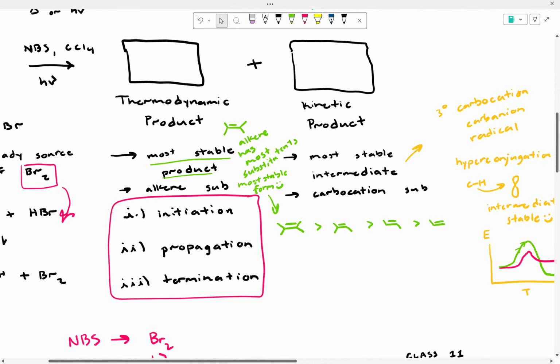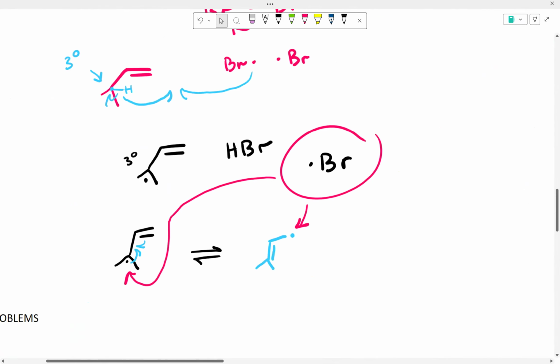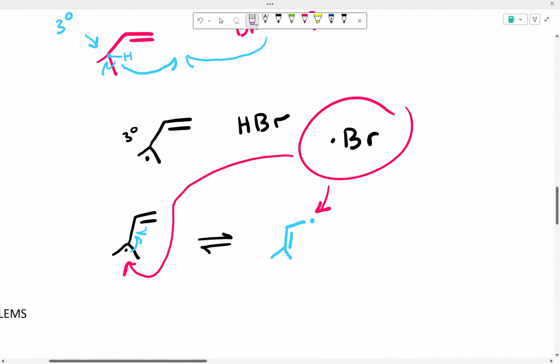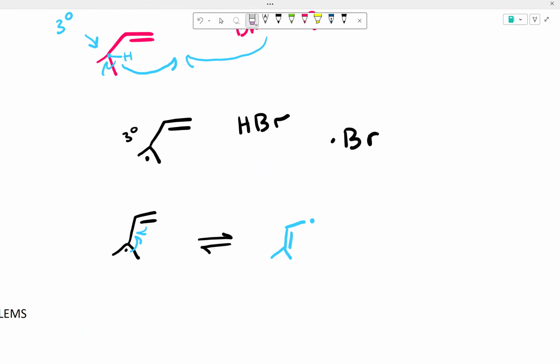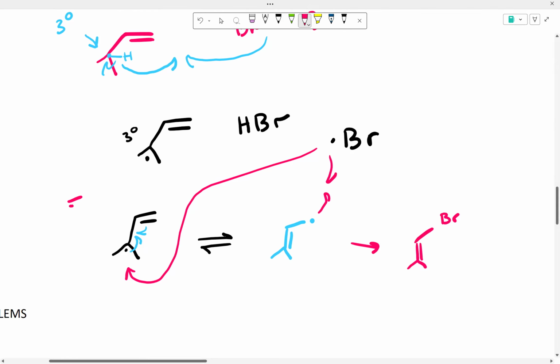So then as we think about these, we can look at our allylic molecules below and think, if my bromine forms a bond here, then I'm going to get this. If my bromine forms a bond here, then I'm going to get this.